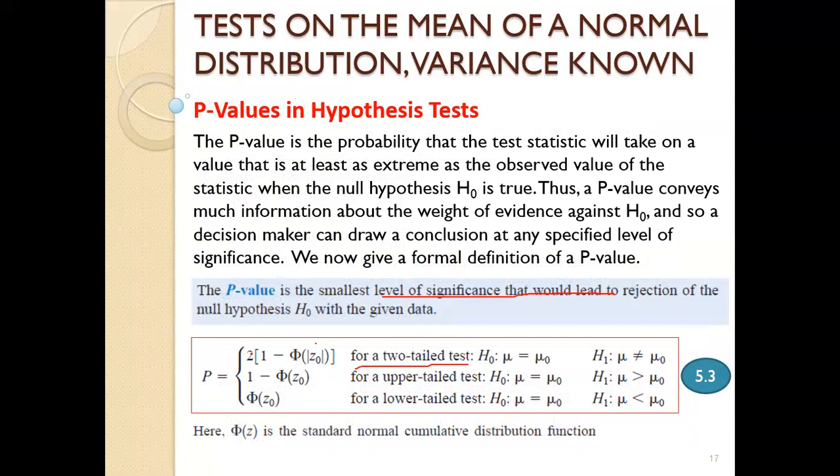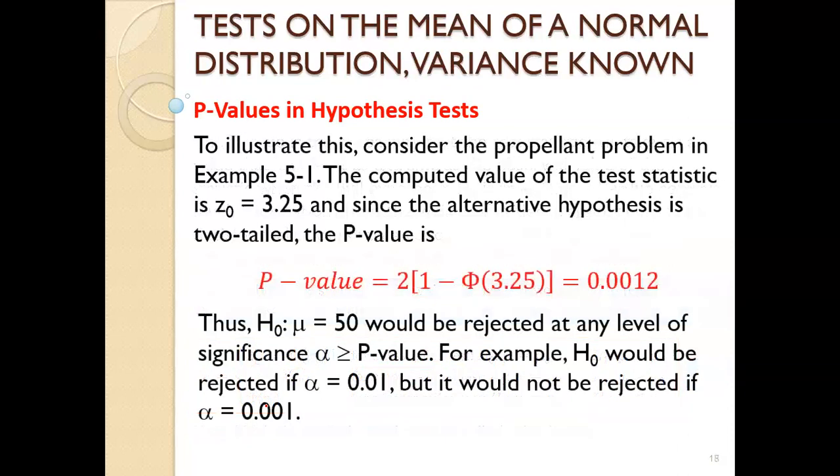For the next case, if you calculate based on the upper tail, the p-value equals 1 minus the probability at C0. If it is the lower tail, the p-value equals the probability at C0. But the program calculates this automatically. I will show you in a few minutes in the next two slides. We will check the p-value for this case.